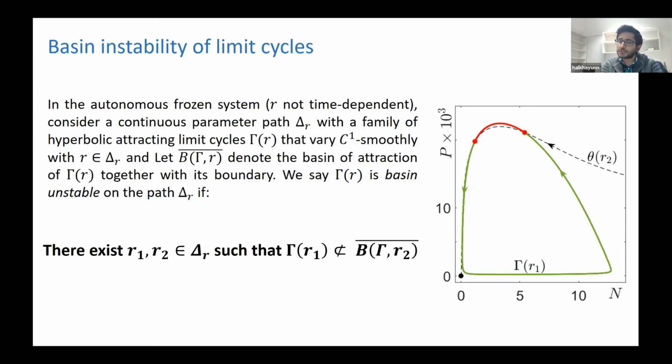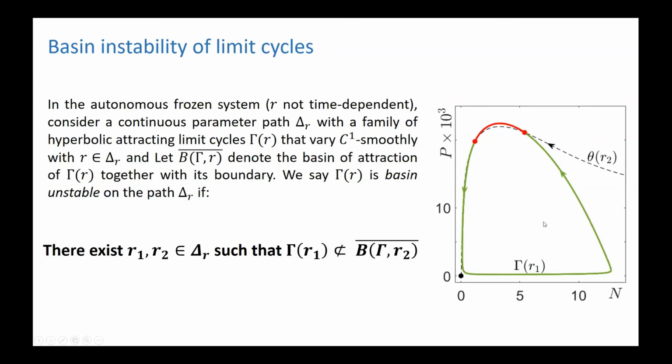And now we consider the closure of the basin of attraction of these limit cycles. We say that this limit cycle is basin unstable on the path delta R if there are 2 points on the path, R1 and R2, such that the limit cycle at R1 is not fully included in the basin of attraction of gamma R2.